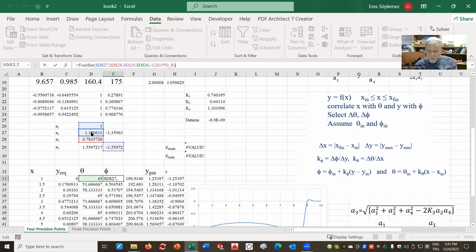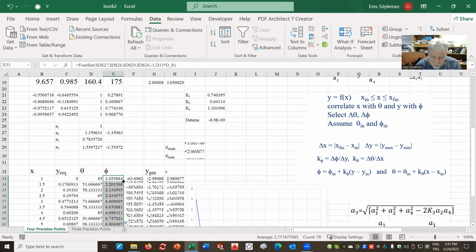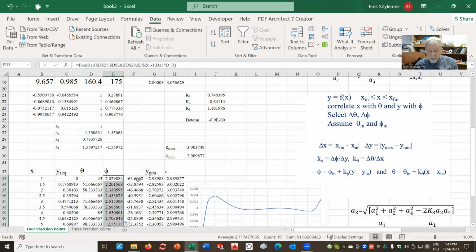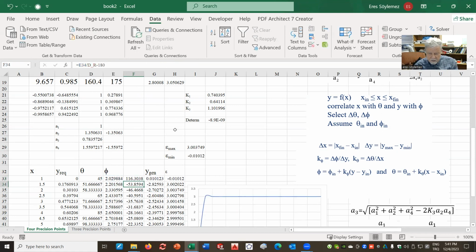Now I have to move this cell over here, move this cell over here. I'm taking positive values for the link lengths. Again, double click so that it changes all those other values. And lastly, I had to subtract 180 degrees. Don't subtract 180 degrees because it is positive. This is the link length that you're going to measure.